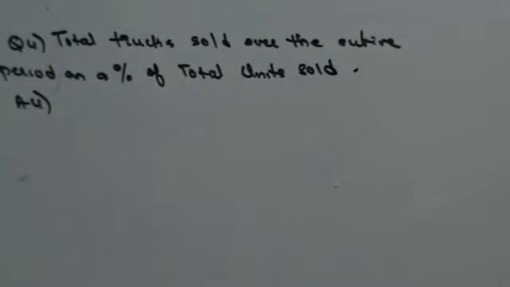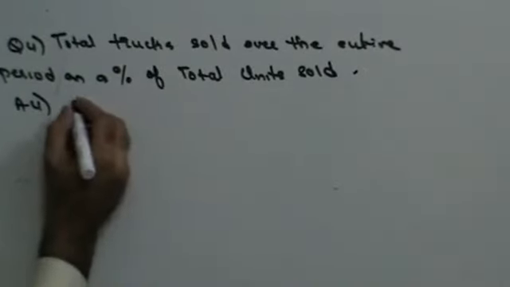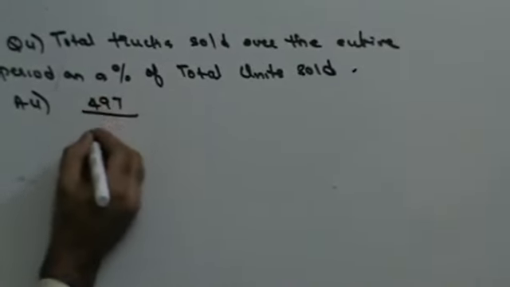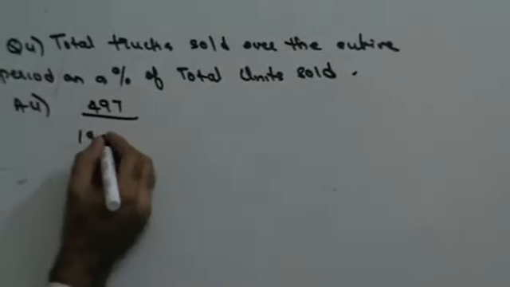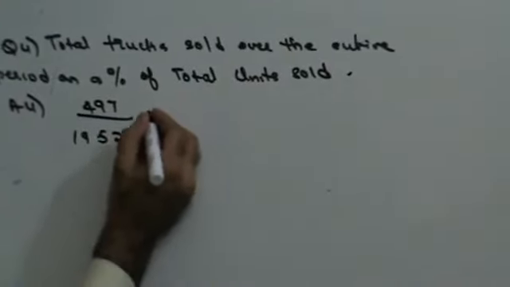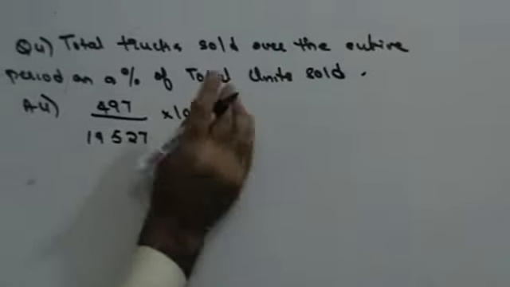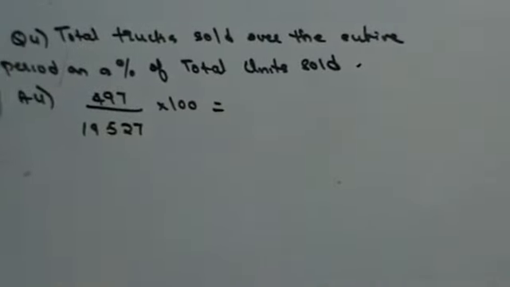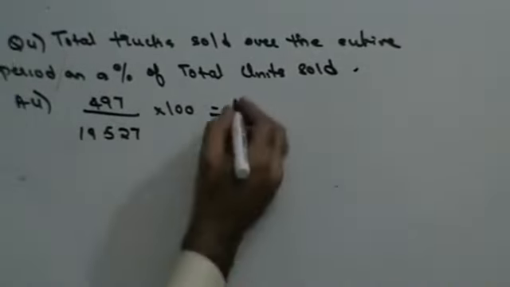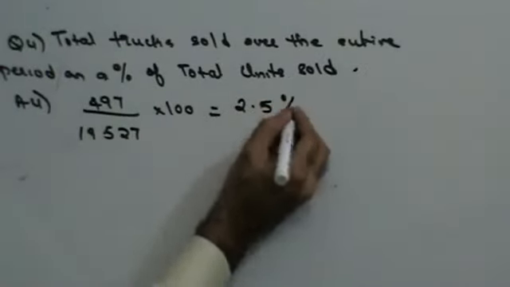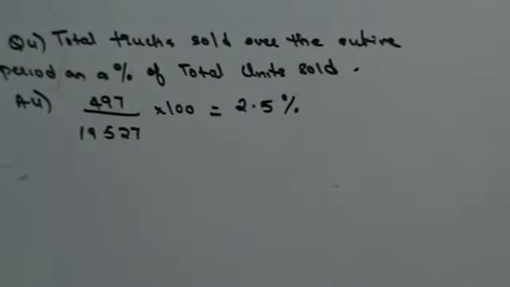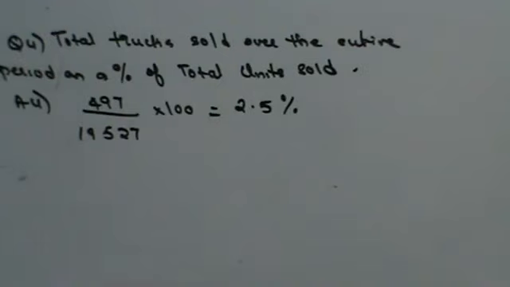Right? Trucks sold over the entire period is 497. Total units sold 19,527, into 100, right, which I presume comes out to 2.5% approximately, right? So your total sales of trucks over the 6 years period is just 2.5%. Next.